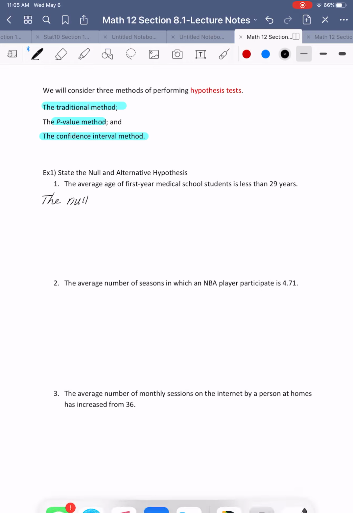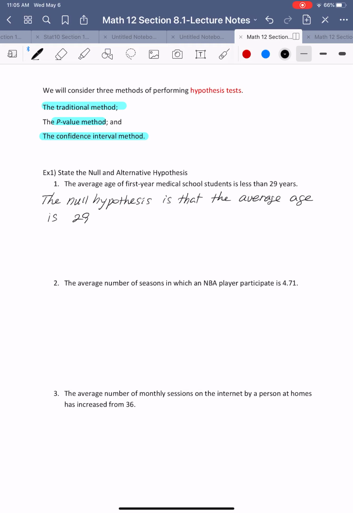So the null hypothesis means that the average age is 29 years, which means H sub 0: mu is equal to 29. The null hypothesis always has an equality.